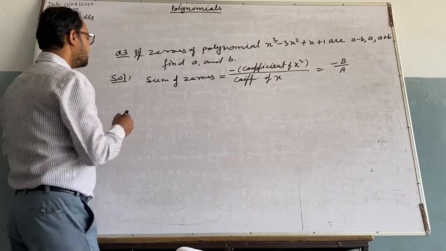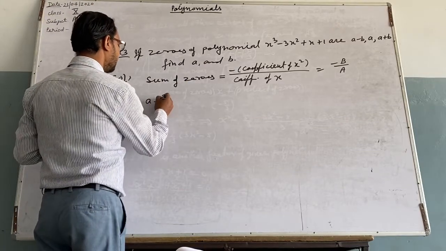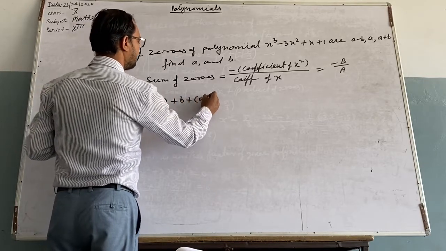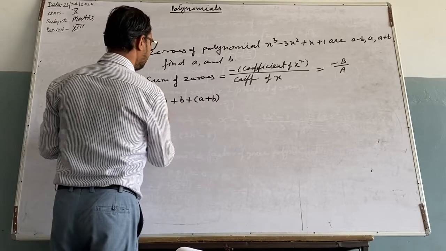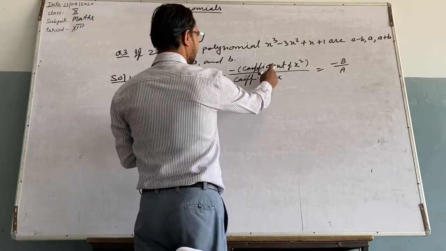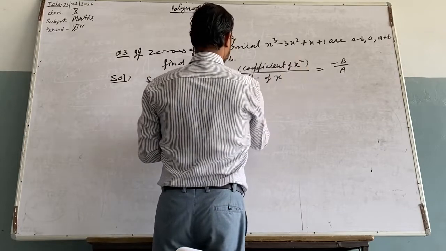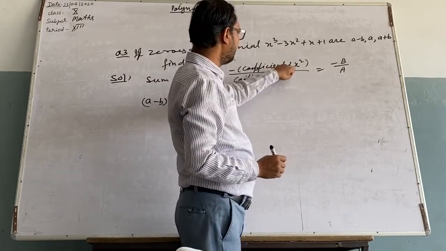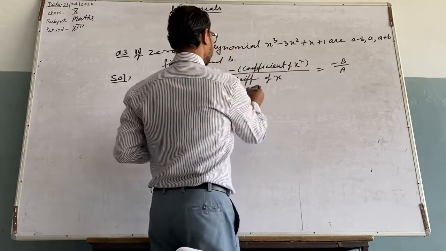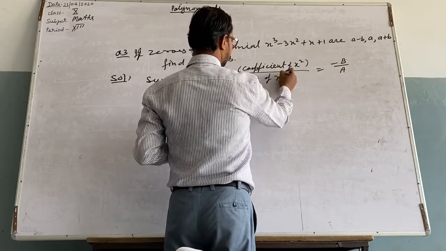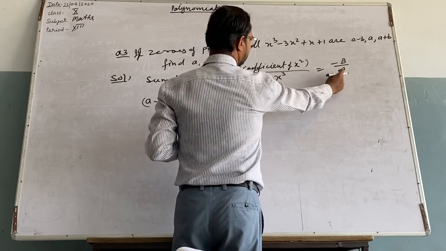Sum of zeros means a minus b plus a plus a plus b. These are the sum of the given zeros. Now the coefficient according to this polynomial. Minus is from the formula. Minus coefficient of x square is minus 3 here. Minus 3 upon coefficient of x cube. Coefficient of x cube means a.